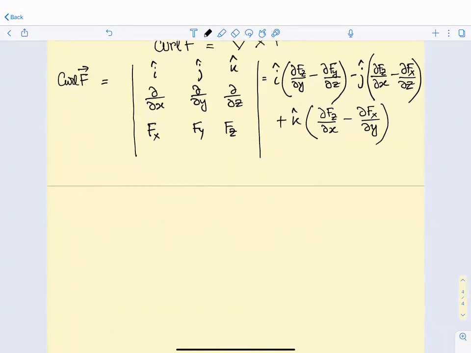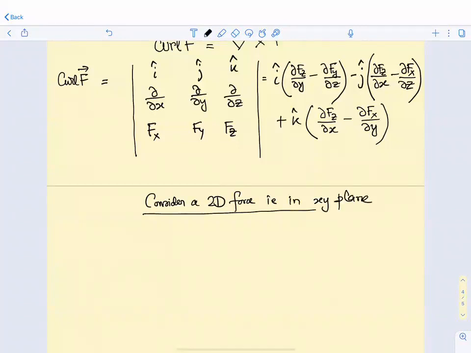Now let's consider a force. Consider a two-dimensional force that is along, or in, the xy plane. That means for the time being we will not consider the z axis. The force has no component along the z axis.